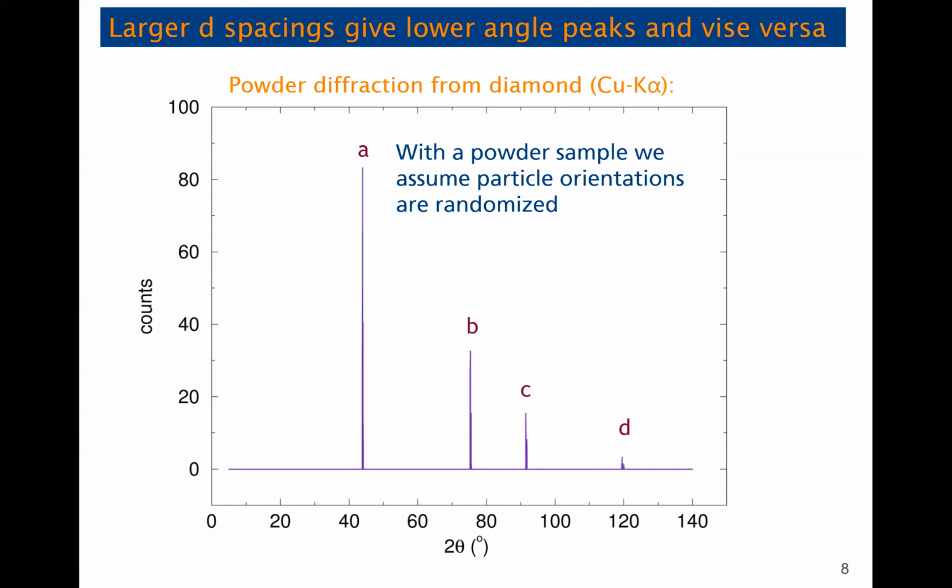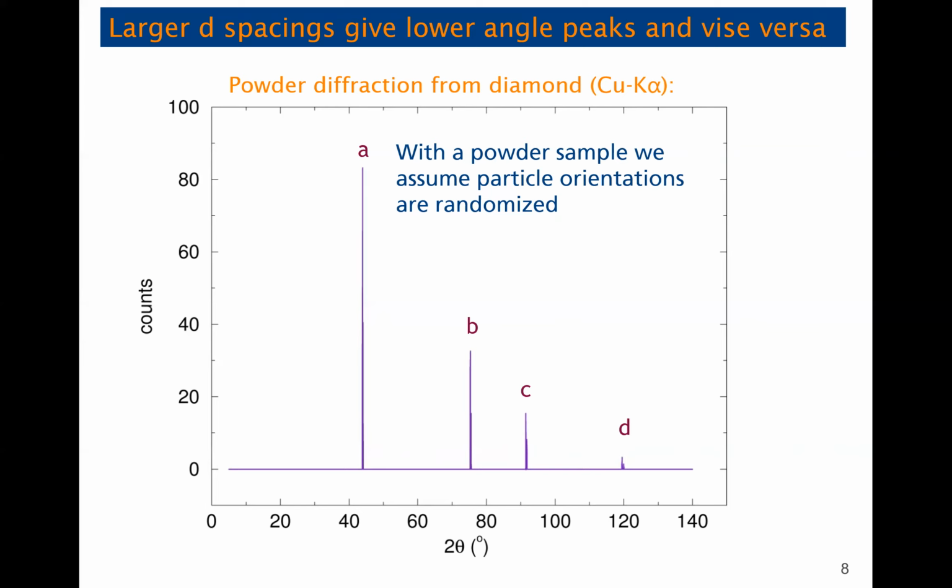Whereas in a single crystal experiment, you set up your crystal, put it on the tip of a needle or something, and then you shoot the incoming beam at it from all different directions, and the experiment takes a lot longer. When the particles are not truly randomly oriented with respect to each other, that is called preferred orientation.